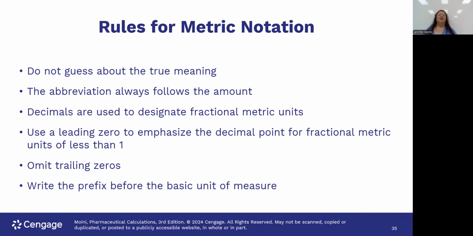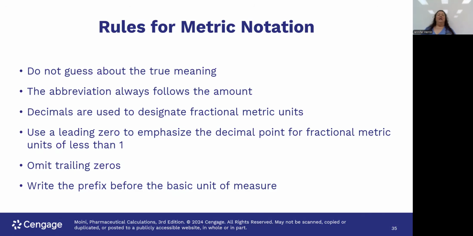Again, some of our rules. The abbreviation always follows the amount. So we should never have the abbreviation in front of the numerical value. Decimals are used to designate fractional metric units.